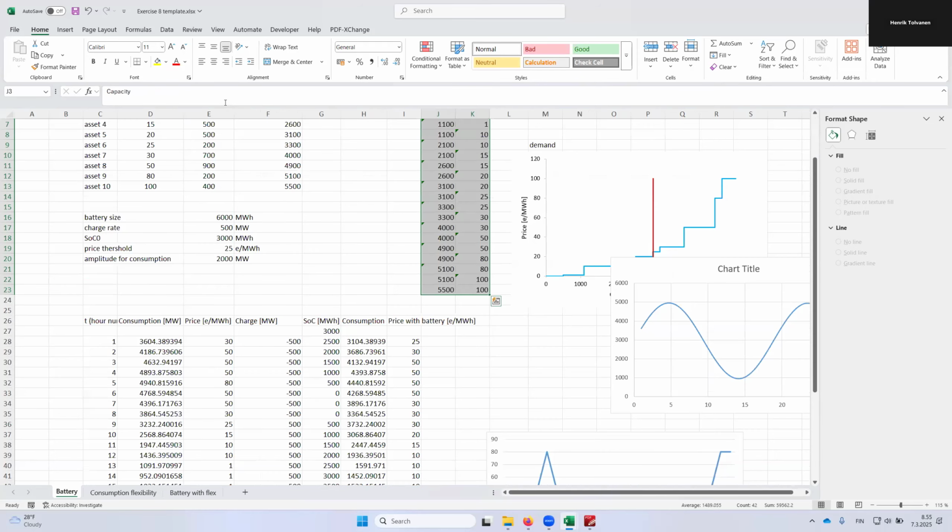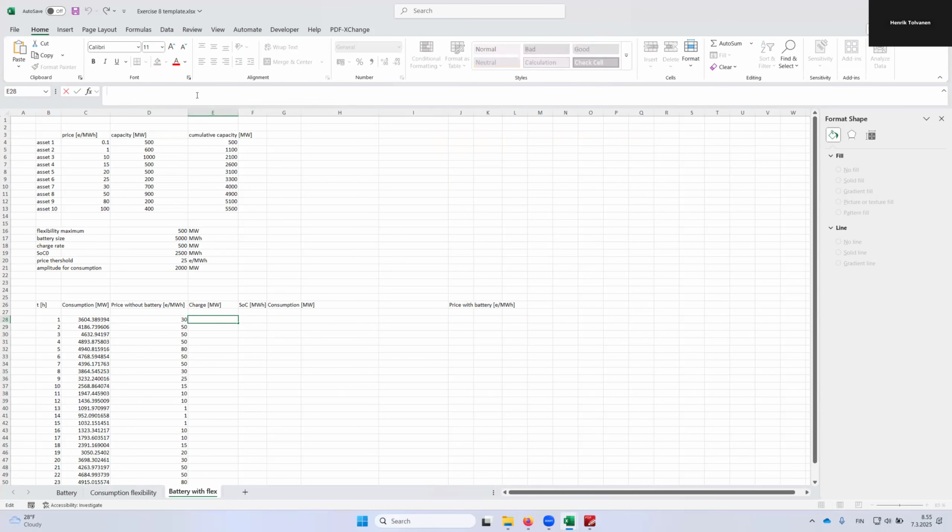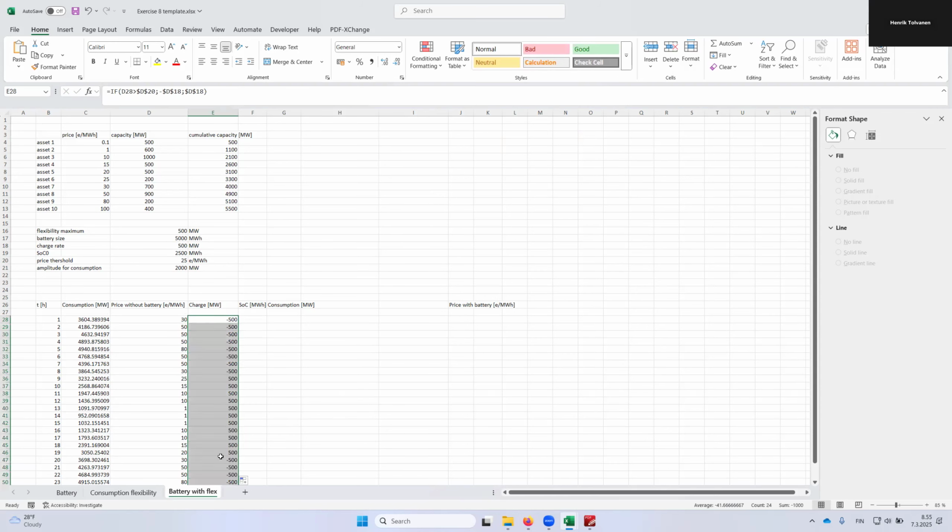Let's take the charge function from here. I'm going to put it in here, and it's the price. Actually, this one should be in here. And this is the price threshold, and this is the charge rate, like this.